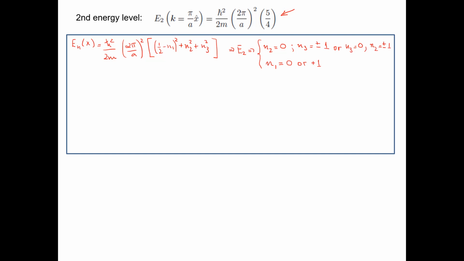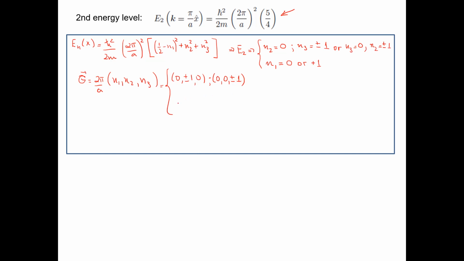Okay, so one can write explicitly what these G values are in this notation, n1, n2, and n3, and these are going to be equal to (0, plus or minus 1, 0), (0, 0, plus or minus 1).